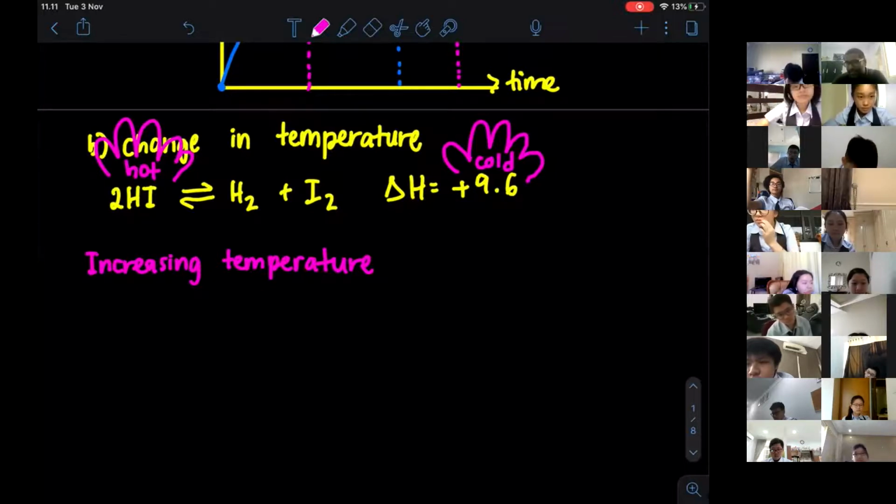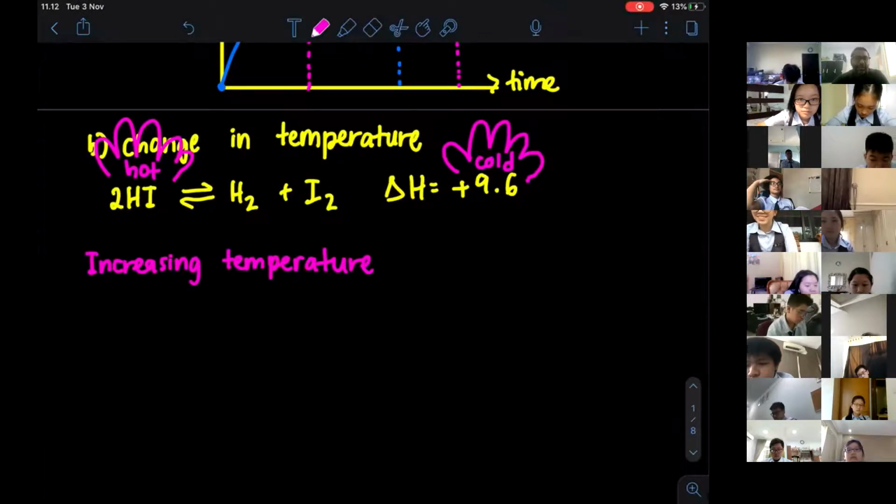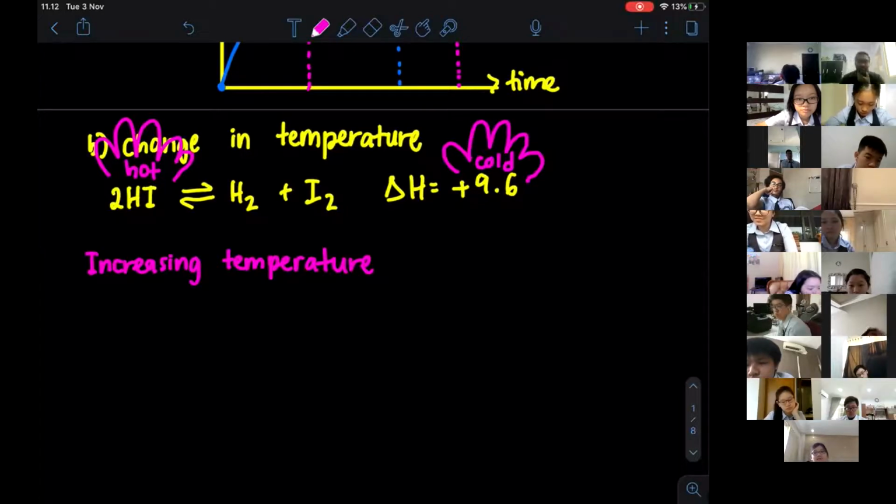Eliminate the change. So temperature goes up, you need to decrease the temperature. Now, Josh, how do you decrease the temperature using the hand situation? Does cold become hot or hot become cold? Hot becomes cold. Yes.